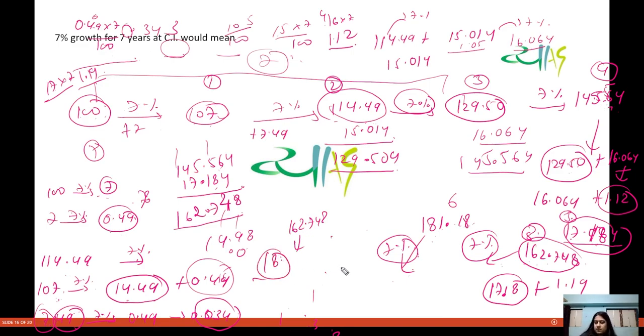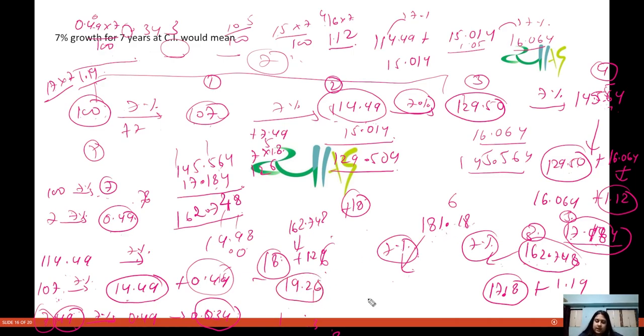Fine. 18 point something plus we will find 7% of 18. So 7% of 18 is how much? 7 8s are 56, and this will be 1.26. So just add 1.26 here. So this will become 19.26.